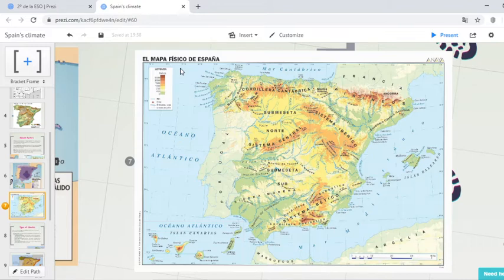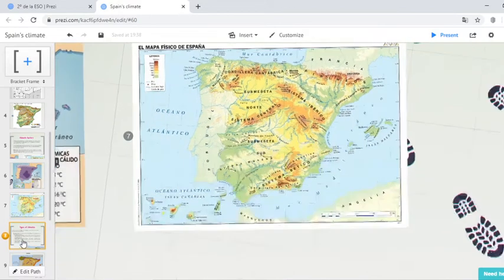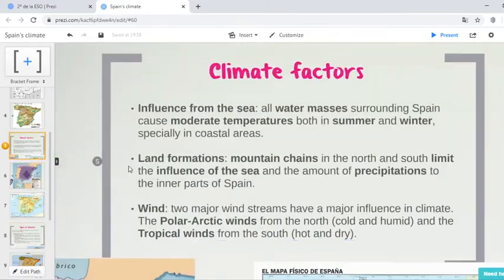Typically those winds are pretty humid, and they help the northern side of the Iberian Peninsula to have pretty high precipitations. Here you got it, cold and humid. It means that when this wind is blowing south, temperatures are going to get down and humidity will rise.